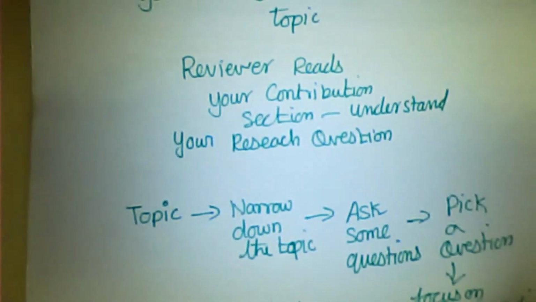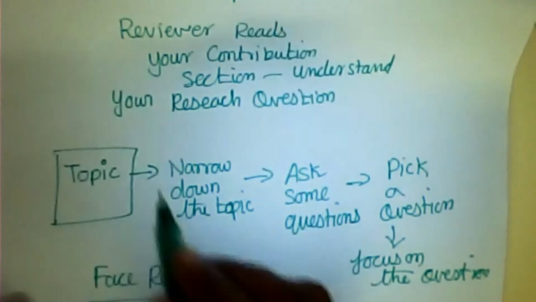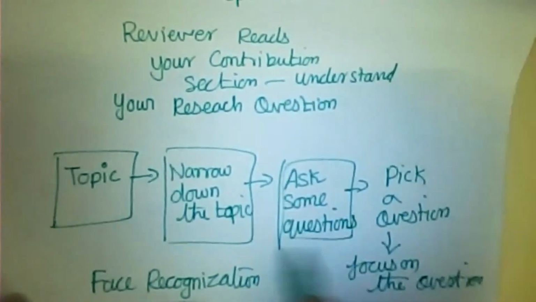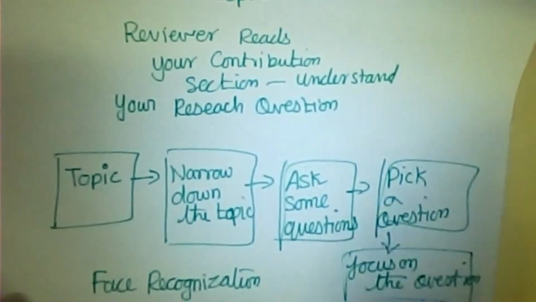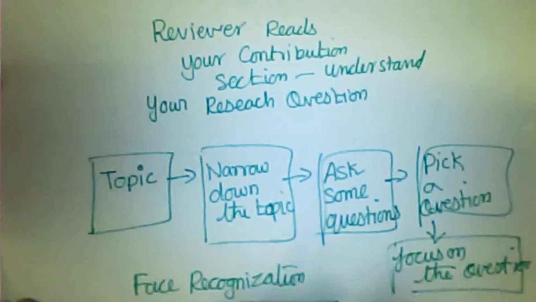So this is the block diagram I tried to explain here. Topic, this is the block. You select a topic, then narrow down the topic and ask some questions, pick a question and focus on the question. Now, this is what I said about how to make a research question.